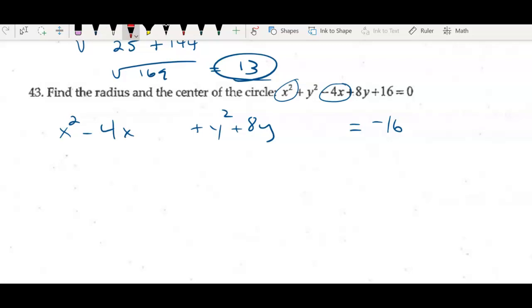Then I left a space because I'm going to have to complete that square. Then I put my y terms together, right? And I left a space because I'm going to have to complete that square. Then I took my 16 and popped it over to the other side. All right. So let's finish.